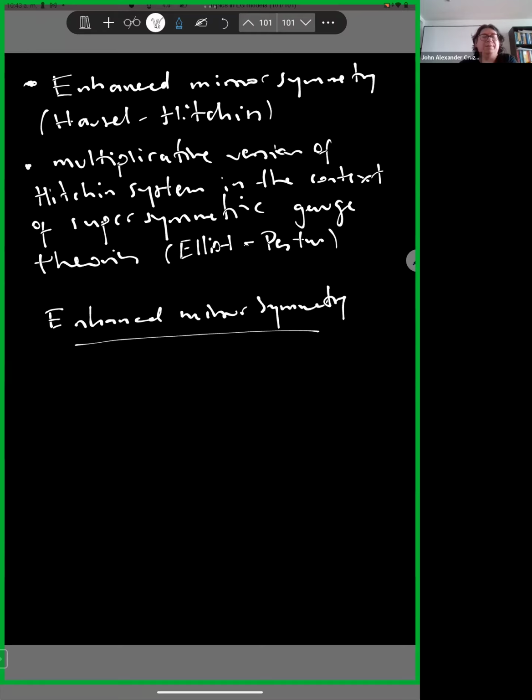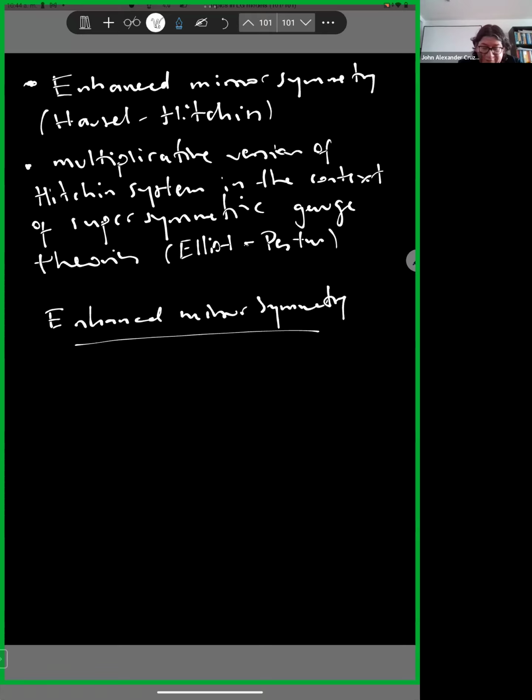Of course, my account about mirror symmetry of Hessian systems is incomplete. I want to discuss this very relevant work by Kapustin and Witten, and the relationship between mirror symmetry of Hitchin systems and the geometric Langlands conjecture, which is also somehow related with what Elliott and Pestun did, because they wanted to have some kind of multiplicative version for the geometric Langlands.